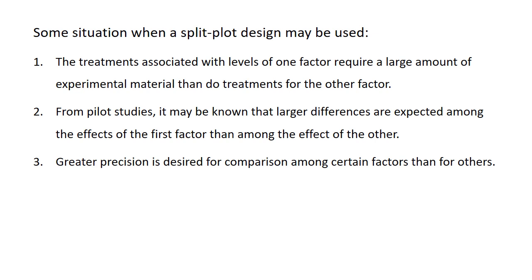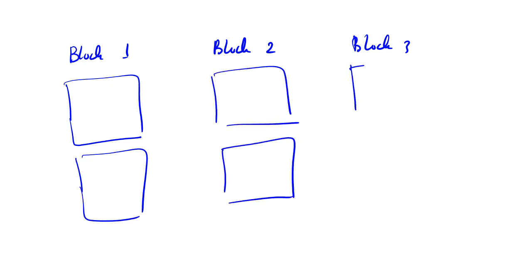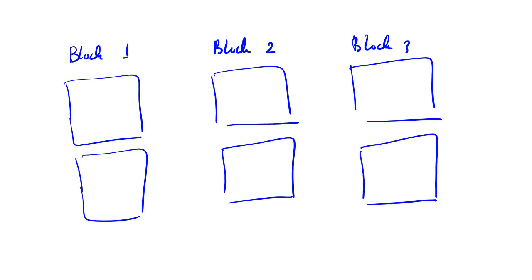Each factor that is required to be compared with greater precision could be randomly assigned to the subunits within the whole unit. This design requires two stages of randomization: randomization of the main plot and randomization of the subplot within the main plot.